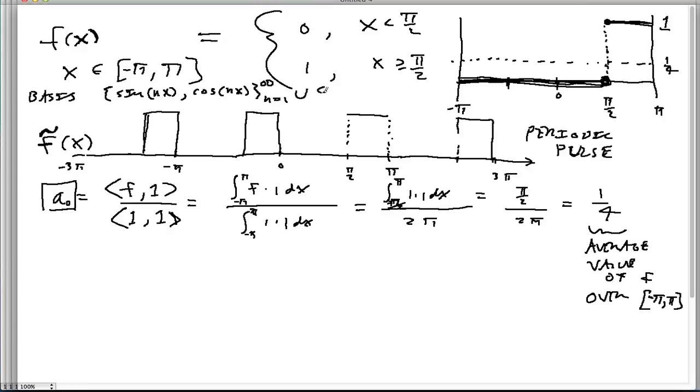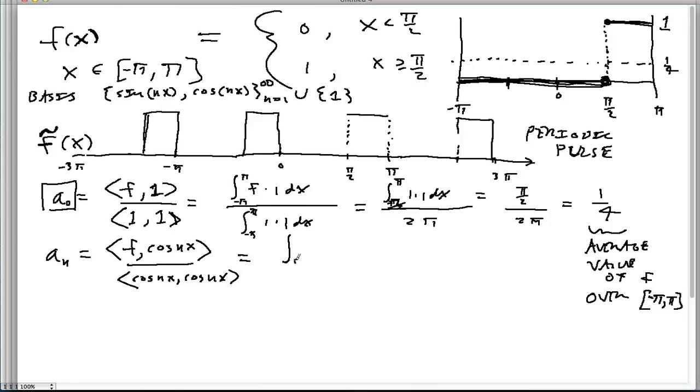And we're going to union that with the function 1, which is the one we just computed, that Fourier coefficient. So now let's go on to the other cosine terms. That's going to be the inner product of f with cosine nx over cosine nx inner product with itself.